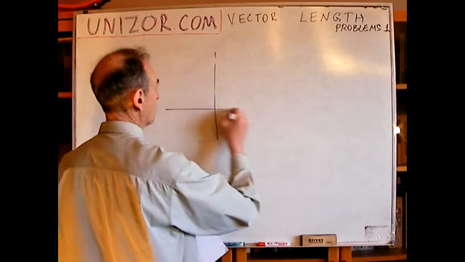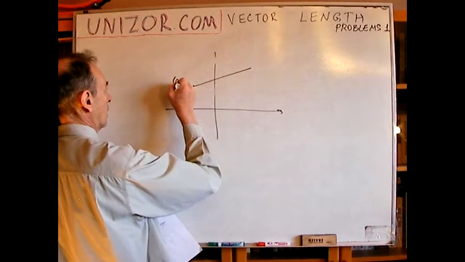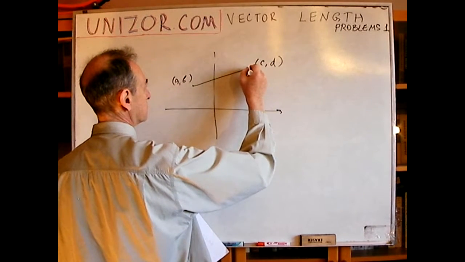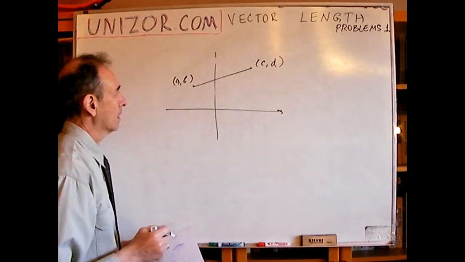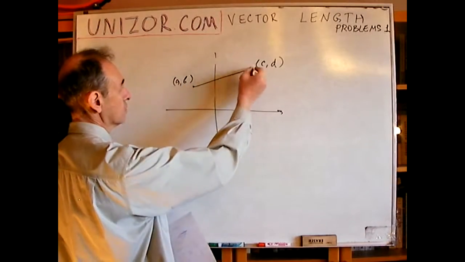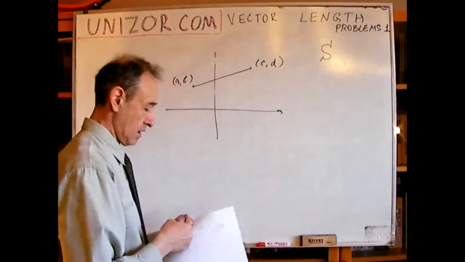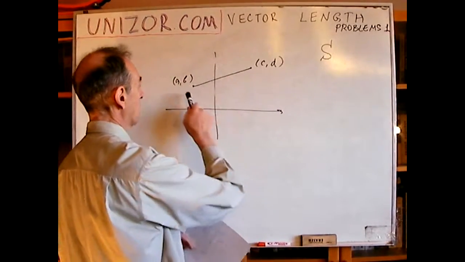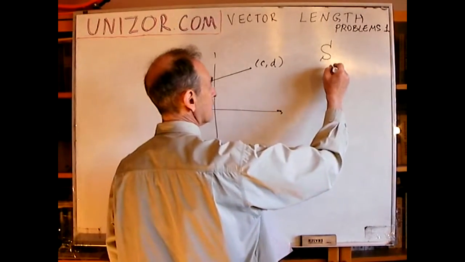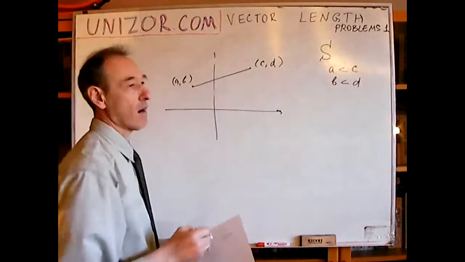Let's say we have 2 points. One point is AB, another point is CD. Now, we have an object which moves from here to there with a constant speed s. So I have s, and I have AB and CD. Let's assume for simplicity that A is less than C, B is less than D, which means both coordinates are increasing.